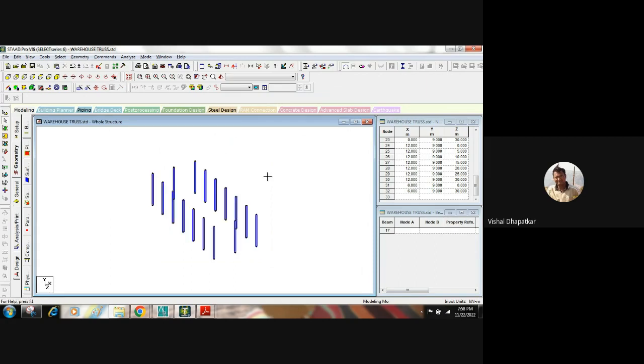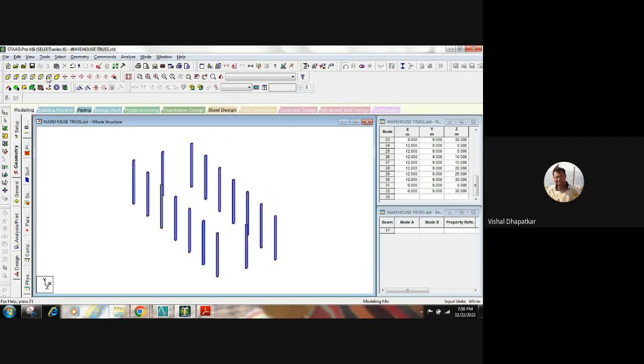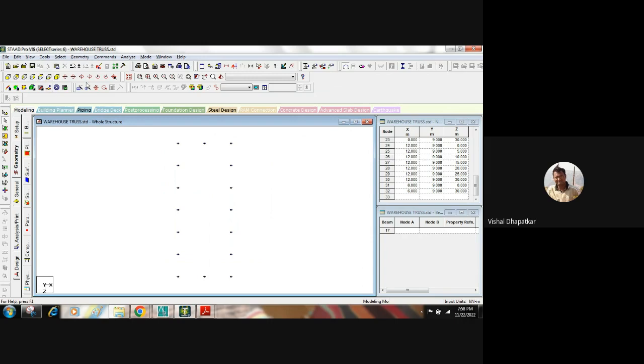So just tell me what should be the orientation of columns. Just submit here. So which orientation is correct and which orientation is wrong? So out of these three columns, which one is correct, which one is wrong?